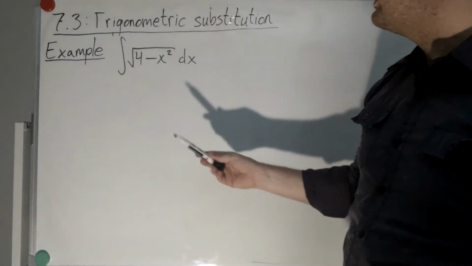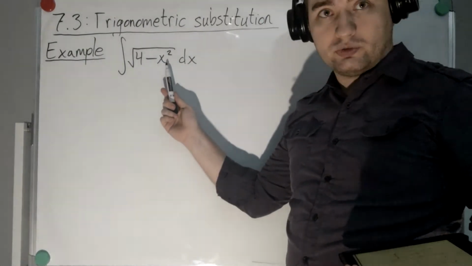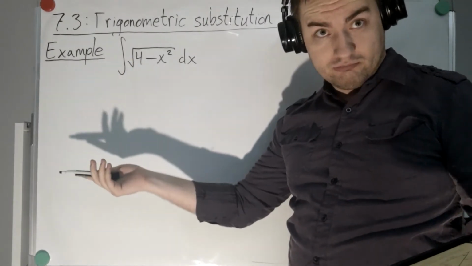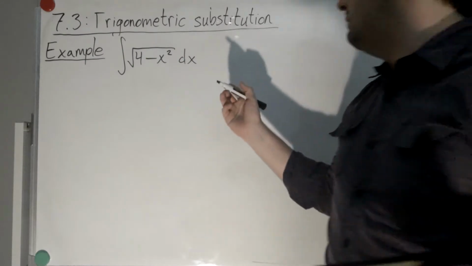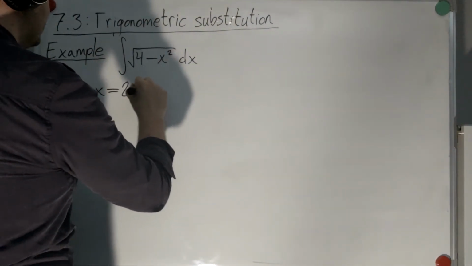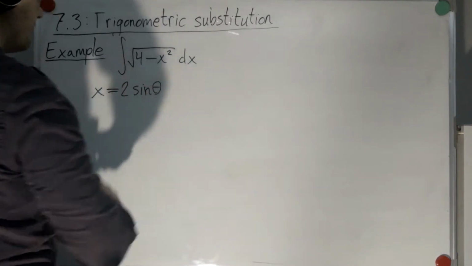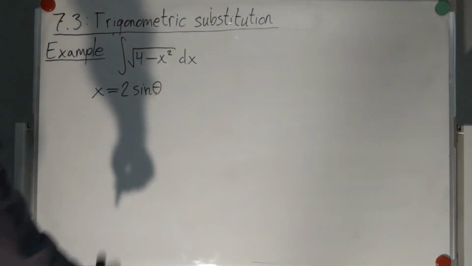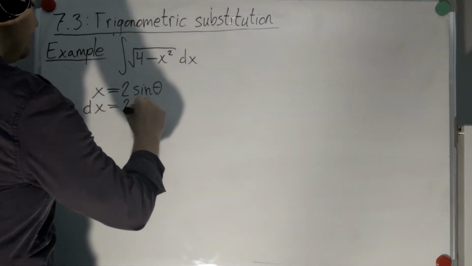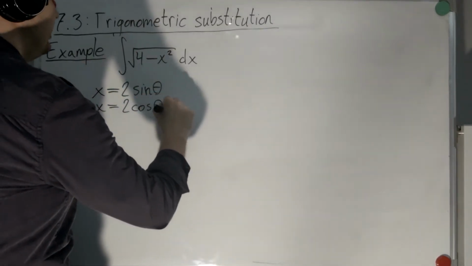So, since this looks like a squared minus x squared, right, because we can say that 4 is 2 squared, we're going to make the substitution x equals 2 times the sine of theta. In that case, dx is going to have to be 2 cosine theta d theta.